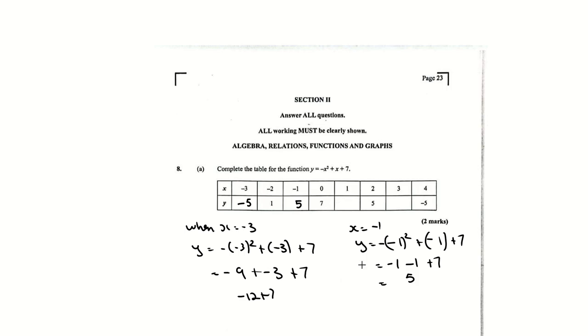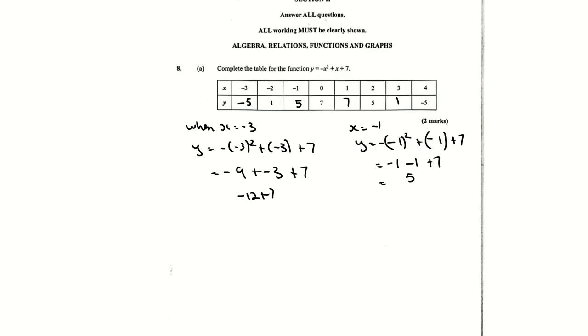When x is equal to positive 1, that's negative 1 plus 1. So you're going to get 7 here. And then for 3, this should be 1. So this is how it's going to look. You're going to do the working for each one of them.